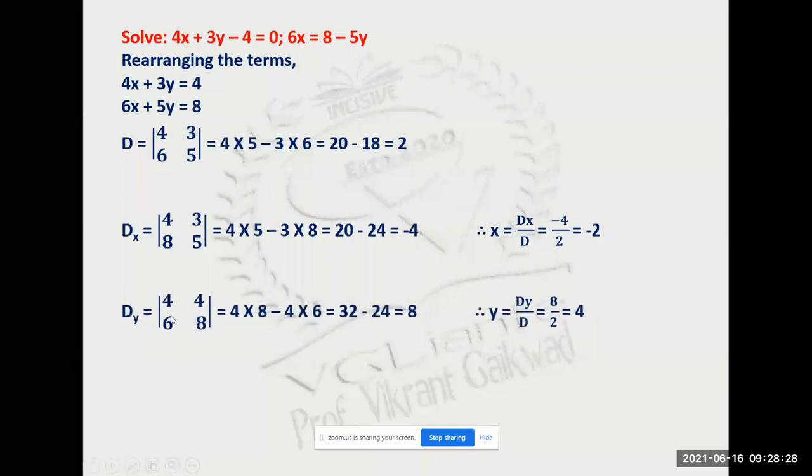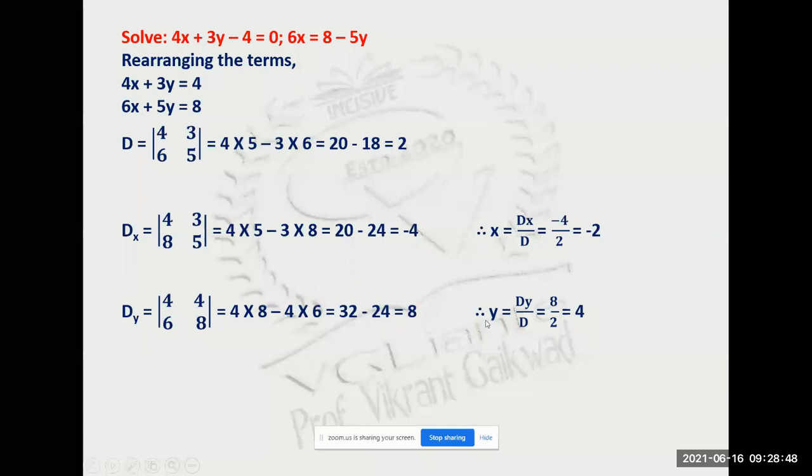Now for the value of dy, 4, 6, 4, 8: 4 into 8 minus 4 into 6, that is 32 minus 24, equals 8.